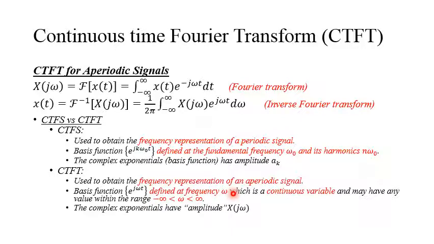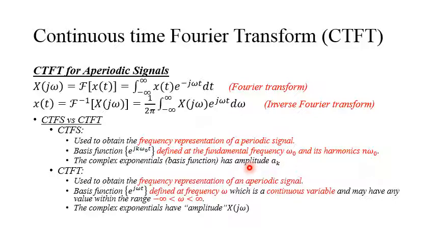So you understand, if you compare the two, the coefficients here were discrete, right? So we had the values of the coefficients at a0, a1, a2, a3, a4, and so on, or similarly minus a1, minus a2. So we can say the magnitude spectrum of the continuous time periodic signals was discrete, right?